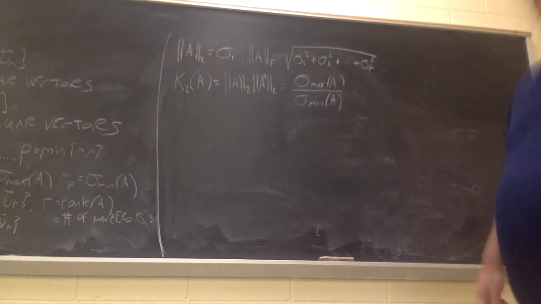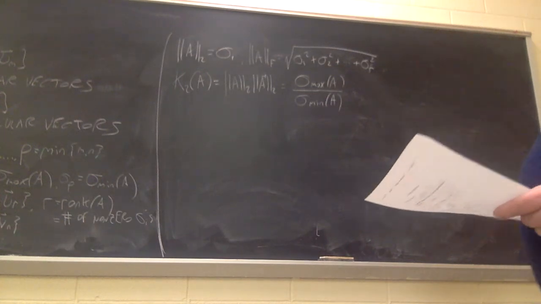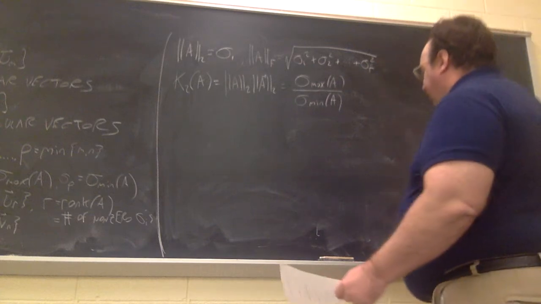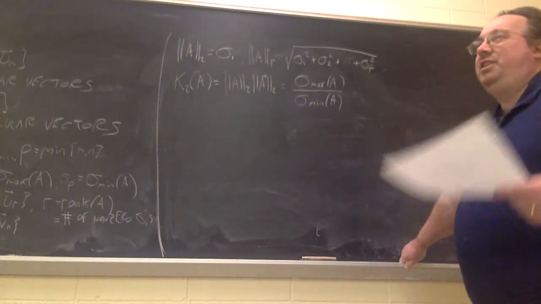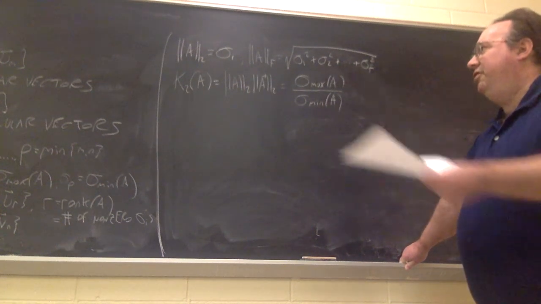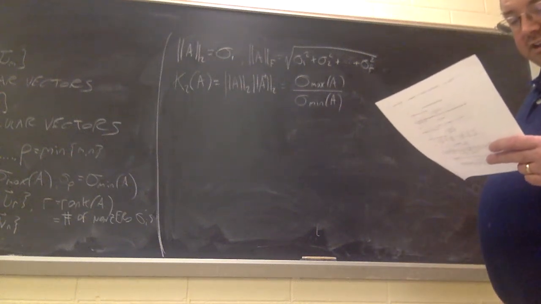So this is a particularly convenient formula for the condition number of A, mostly in a theoretical setting, because individual singular values are generally not easy to compute, unfortunately. Really the condition number is not easy to compute in any norm, because you're dealing with some norm of the inverse, and you don't want to go to the trouble of computing the inverse.